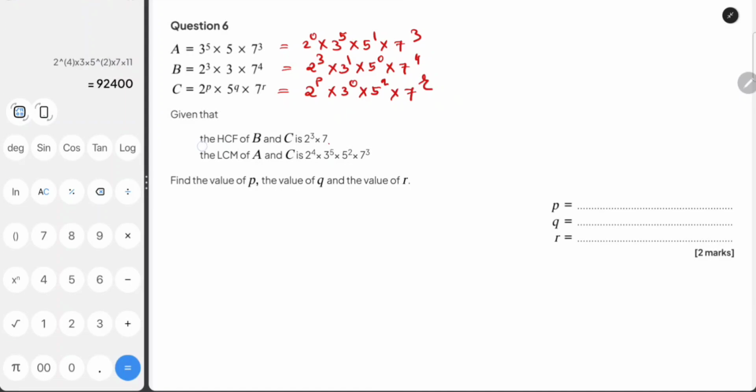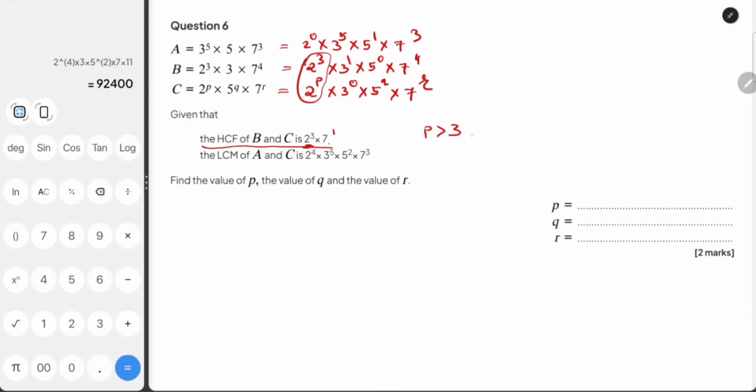Here they are asking HCF of B and C is 2 raised to 3 and 7, means 7 raised to 1. In B and C the lowest power of 2 must be 2 raised to 3, because in HCF we take the lowest power. So lowest power of 2 raised to 3 and 2 raised to P will be 2 raised to 3. That means P is bigger than 3.